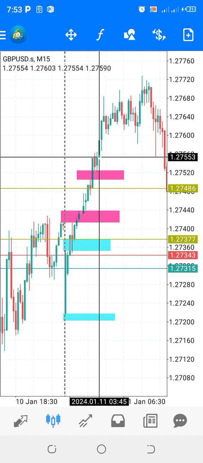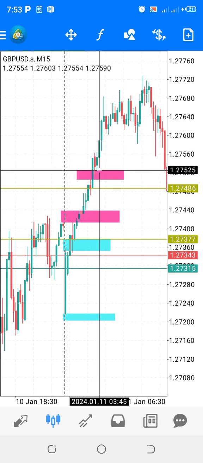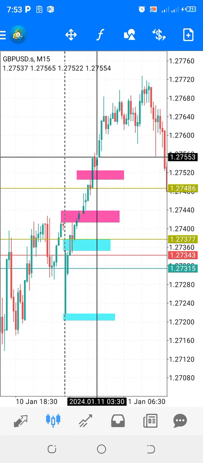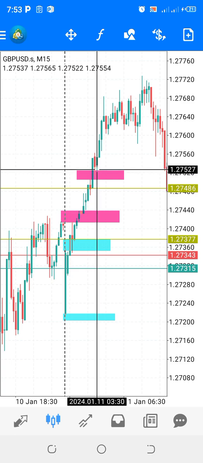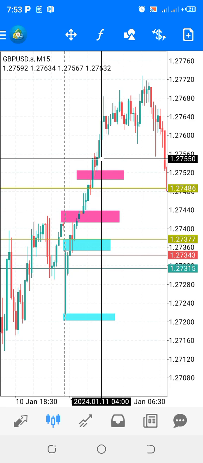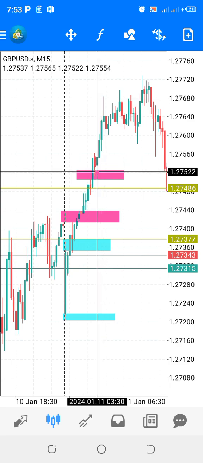Then your confirmation candle should do the same thing, open and close above that level once broken, and then your entry candle should also open above that level.